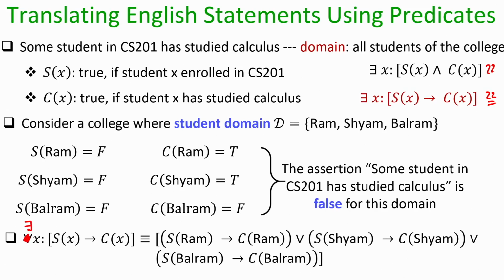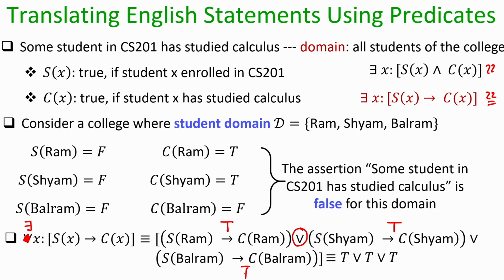So, again if I expand this there exists statement, since it is an existential quantification, it will be a disjunction of 3 propositions where each proposition is an implication. S of x implies C of x, and x can take values Ram, Shyam and Balram. Now, you can check here that each of the individual compound propositions here is true with respect to the truth values that have been assigned.